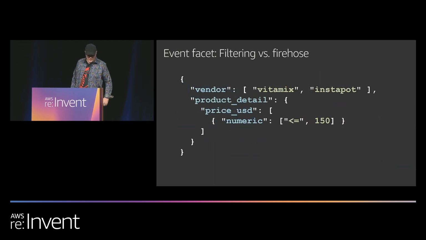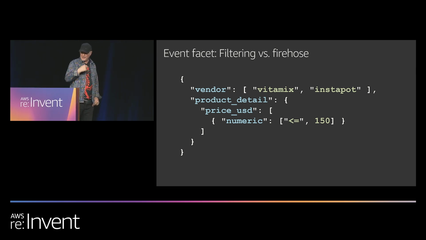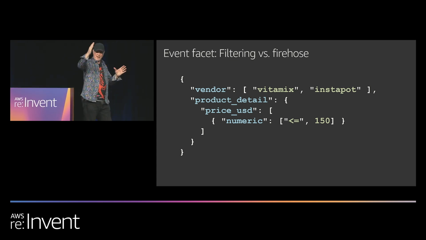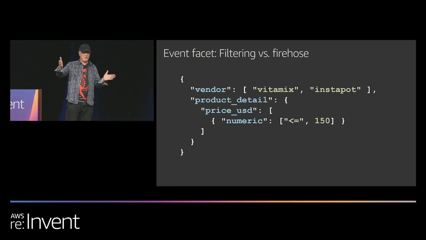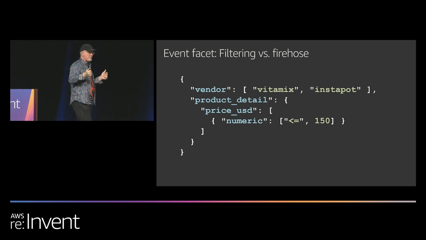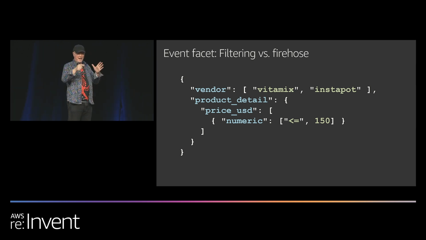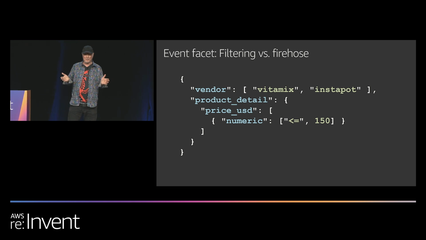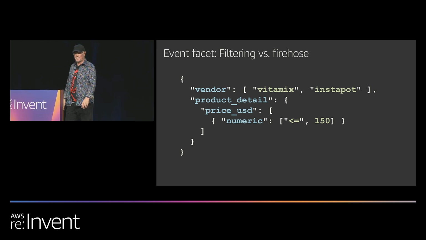OK, all right, so here's something that may feel like a minor feature, but it seems to be making a big difference. And this is the notion of filtering. In a basic pub sub system, you subscribe to an event stream, you're going to get all the events. And we have seen people writing a whole lot of really stupid code where they get every event, and first of all, they do a bunch of computation to say, do I care about that event? And then they end up throwing 90% of the events on the floor, which feels wasteful and stupid.